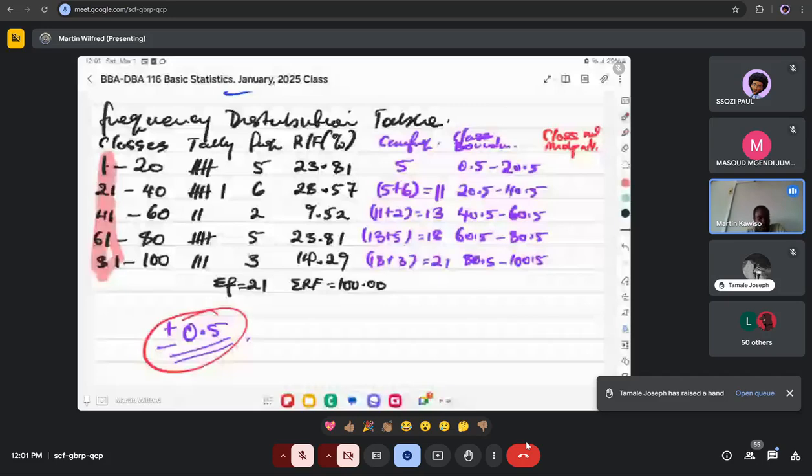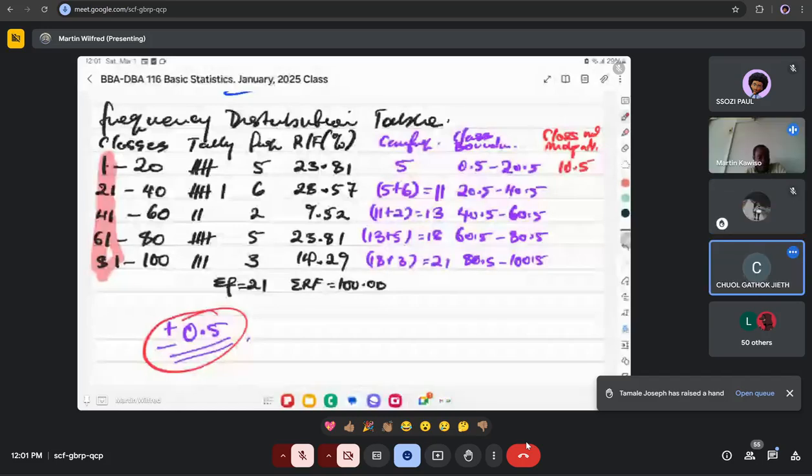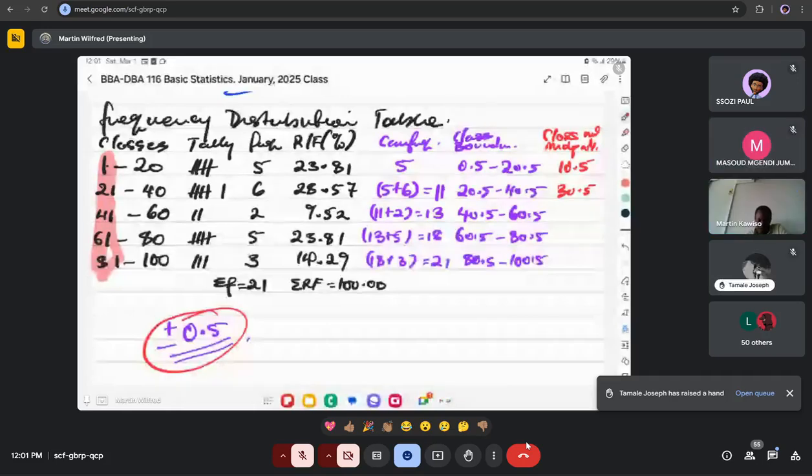You get the same. Let's have 21 plus 40. What do we get? 61 divided by 2, 40.5. 41 plus 60, what do we get? 101 divided by 2, 50.5. 61 plus 80, what do we get? 141 divided by 2, 70.5.